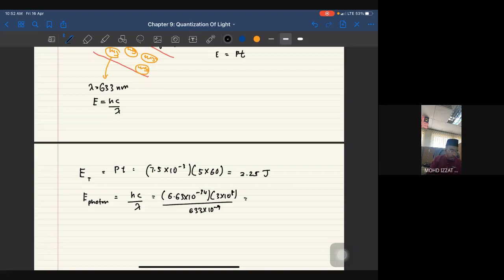So if you press the calculator, I got over here 3.14 times 10 negative 19.